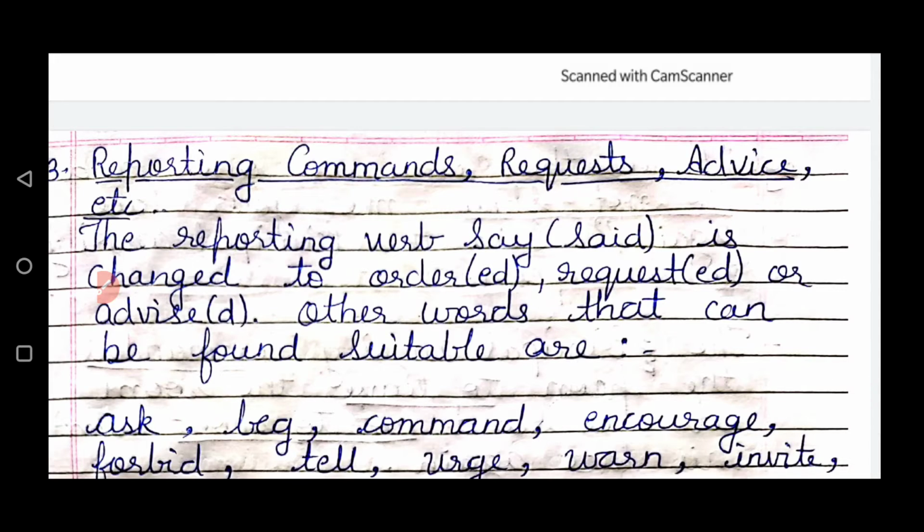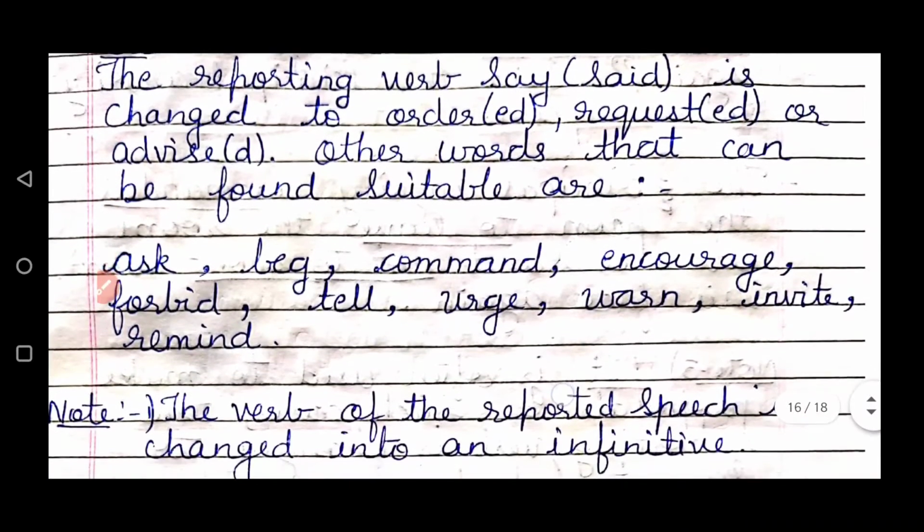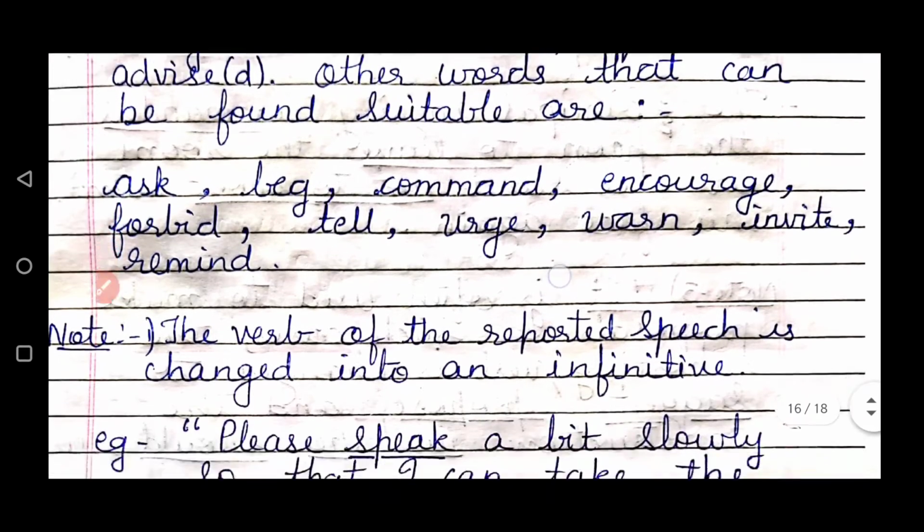Now if you want to report commands, requests, advice, etc. So the reporting verb over here, say or said, is changed to order, request or advice. So ordered, requested, advised, and other words that can be suitable are ask, begged, command, encourage, forbid, tell, urge, warn, invite, remind.